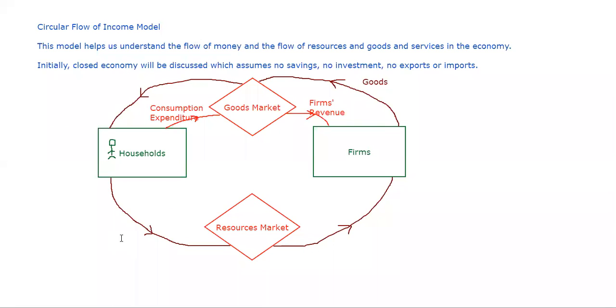So we can show the flow of resources: land, labor, capital, and entrepreneurship.